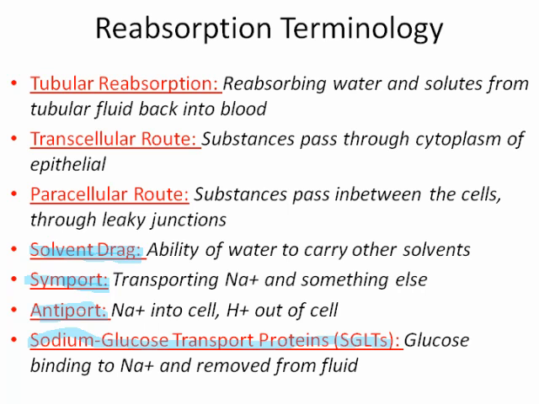Again, glucose is not supposed to be found within urine. If glucose is not completely reabsorbed, typically that is an indication of diabetes within the person, and that'll become clearer as we get further along in this presentation.